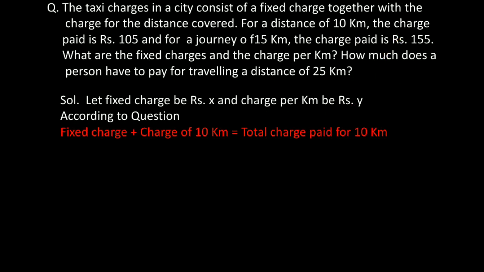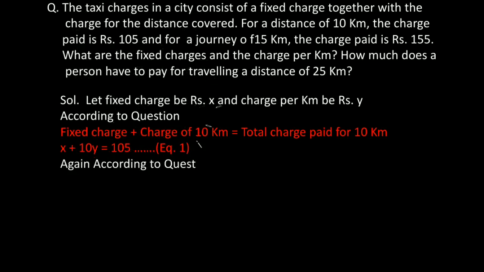Fixed charge is x and charge per kilometer is y. So x plus 10y equals 105, because fixed charge is x plus charge of 1 kilometer is y. Therefore charge of 10 kilometers is 10y. So x plus 10y equals 105. That is equation number 1.